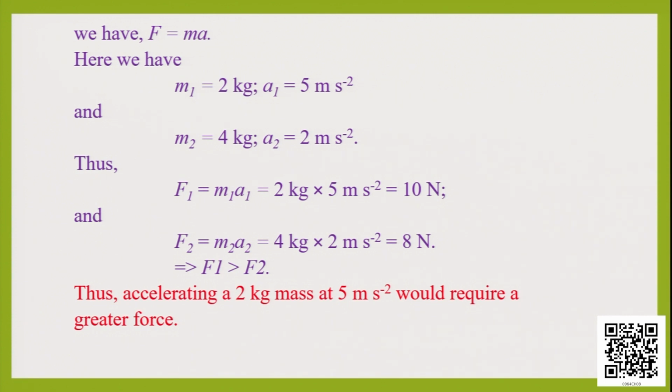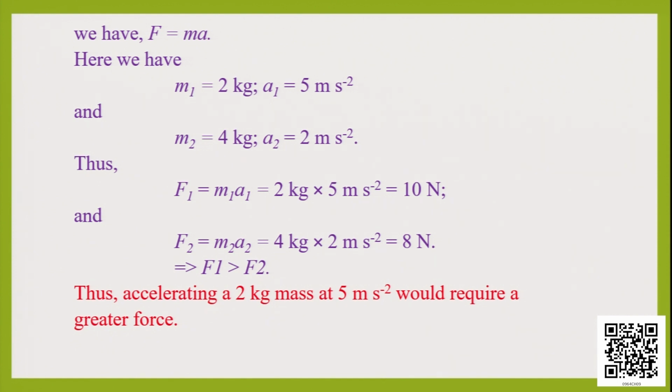Acceleration of the second body, A2, is 2 meter per second square. So, you apply the formula F1 is equal to M1 A1, which by substituting the values will give us 10 Newton. F2 will be M2 into A2, which by substituting the values we will get as 8 Newton. So, F1 is 10 Newton and F2 is 8 Newton.